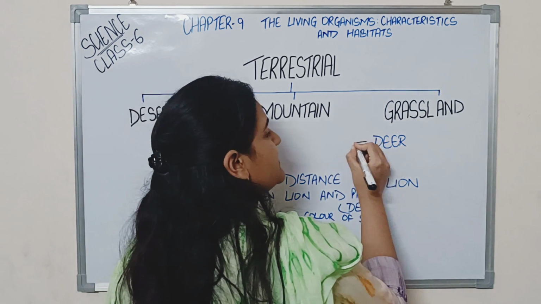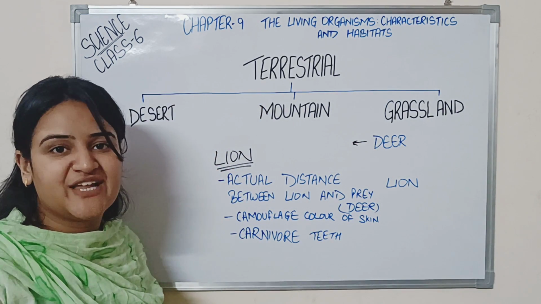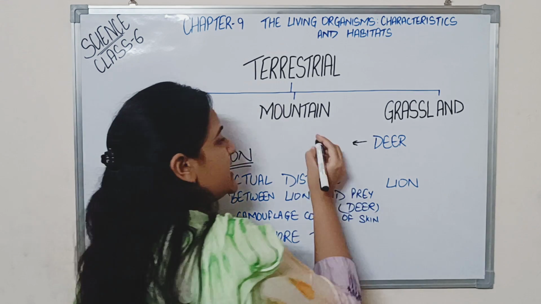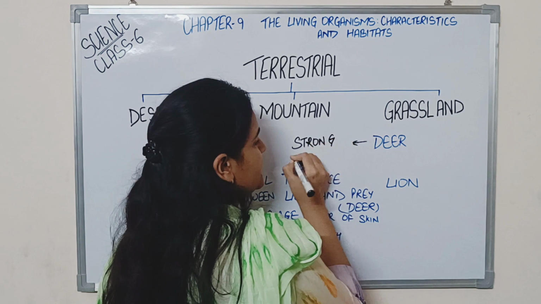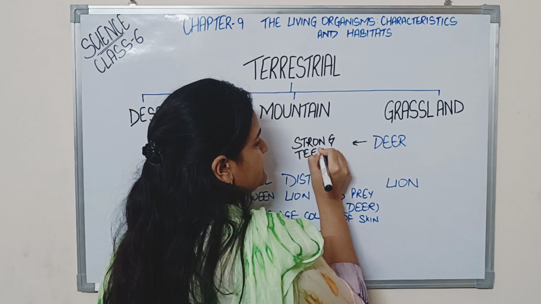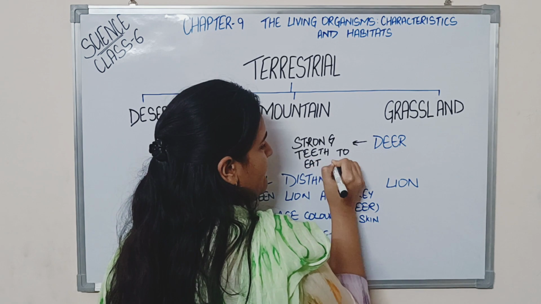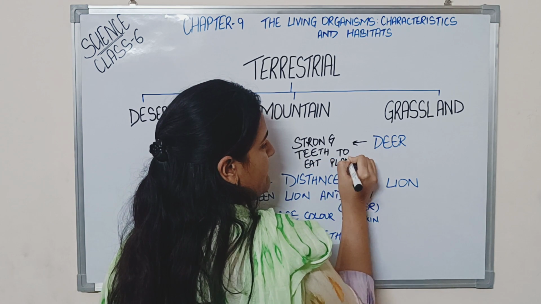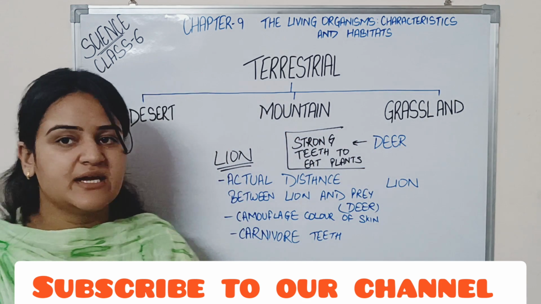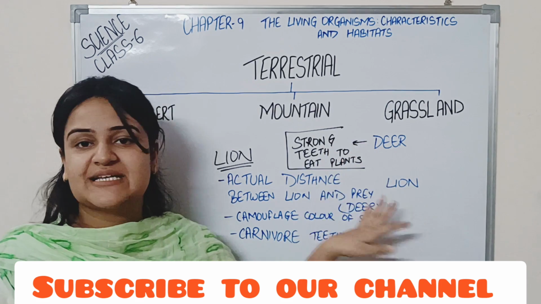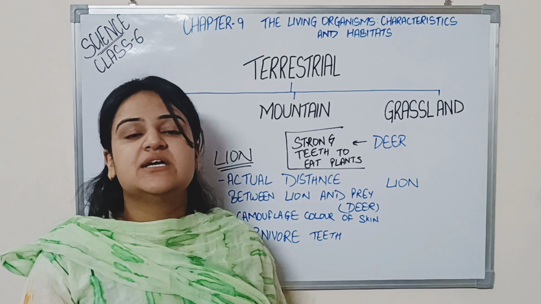So they are not as sharp as the lion's, because the lion has to tear apart the flesh of the animals to eat, right? But deer have strong teeth to eat the plants. So deer has strong teeth to eat plants, while lion has carnivore teeth so that it can tear the flesh of the animals.